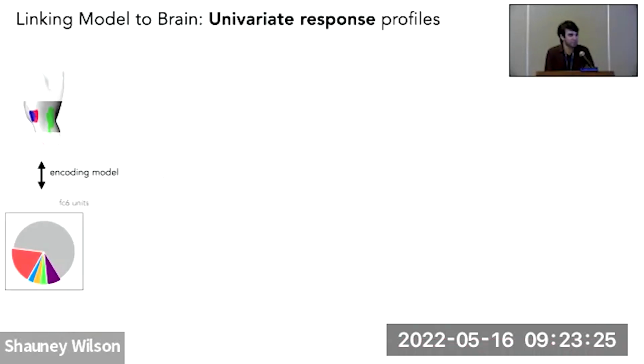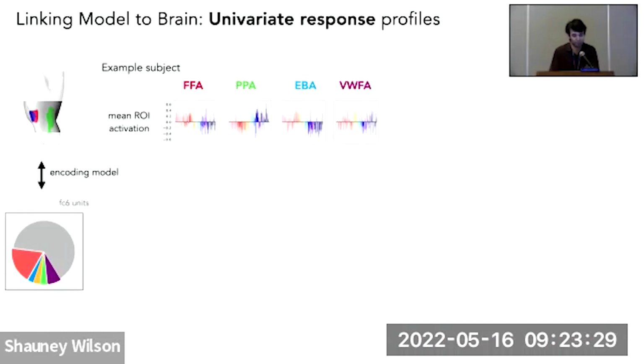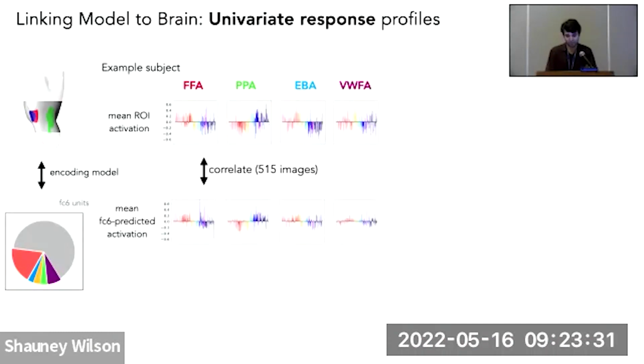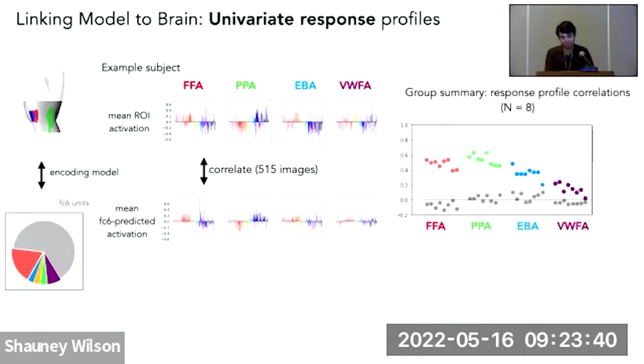First, considering the univariate response profiles. Here's data from an example subject showing the 4 regions, and here are the predicted response profiles derived from our encoding procedure. We can correlate the brain and model, repeat this procedure for 8 subjects, and summarize the prediction levels here, where each dot is a subject. The colored dots are selective subsets from our object-trained model, and the gray dots are subsets defined in the same way from an untrained model.